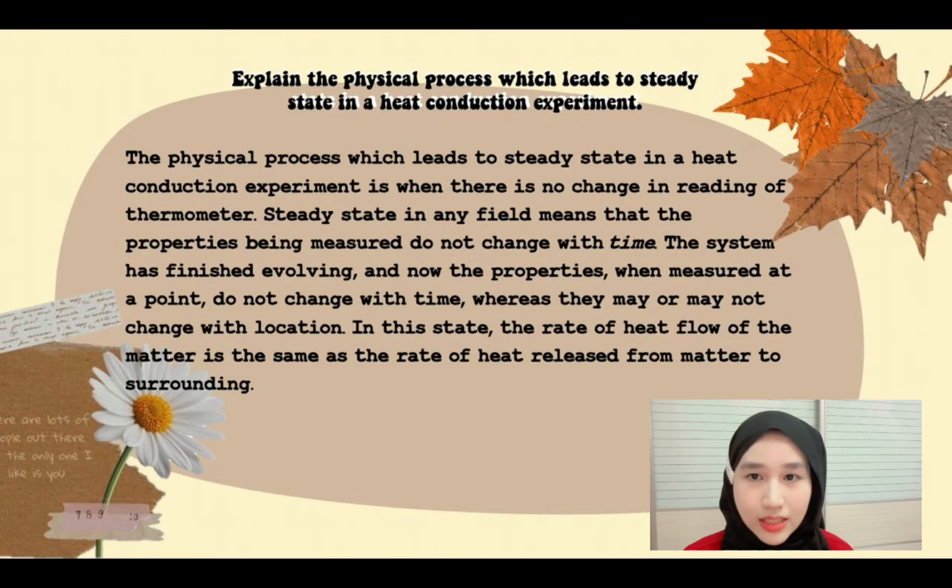The system has finished evolving, and now the properties when measured at a point do not change with time, whereas they may or may not change with location. In this state, the rate of heat flow of the metal is the same as the rate of heat released from metal to surrounding.